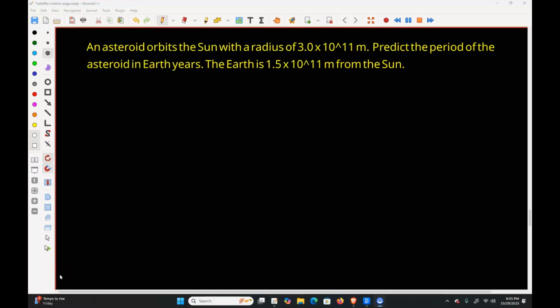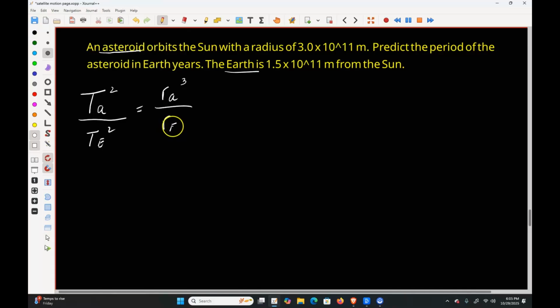Okay, the next problem: I have an asteroid orbiting the Sun, and I want to measure it in Earth years. I'm comparing two things, an asteroid and the Earth, both going around the Sun, so I'm going to use Kepler's third law. The period of the asteroid over the period of the Earth is equal to the radius of the asteroid over the radius of the Earth.